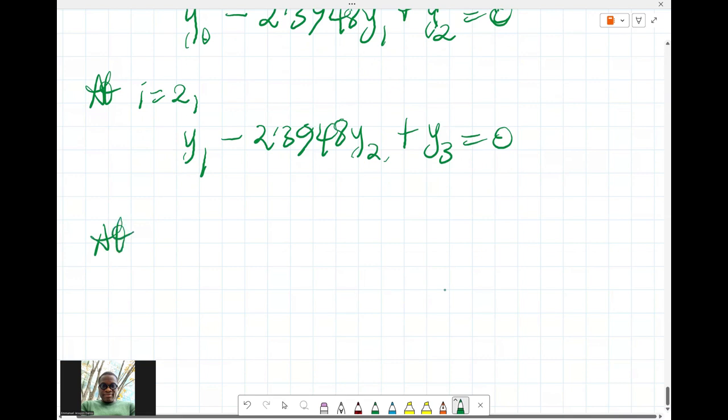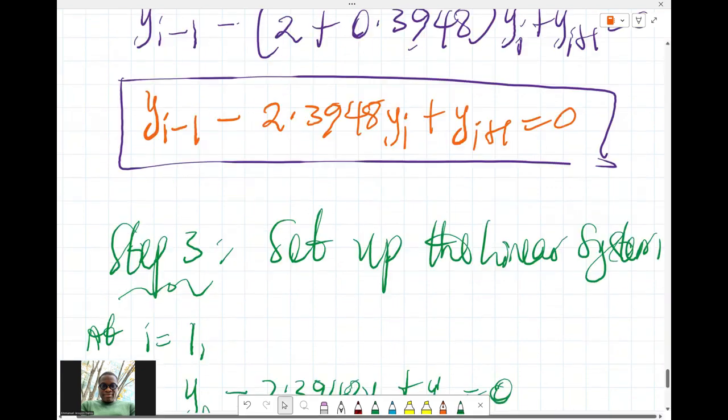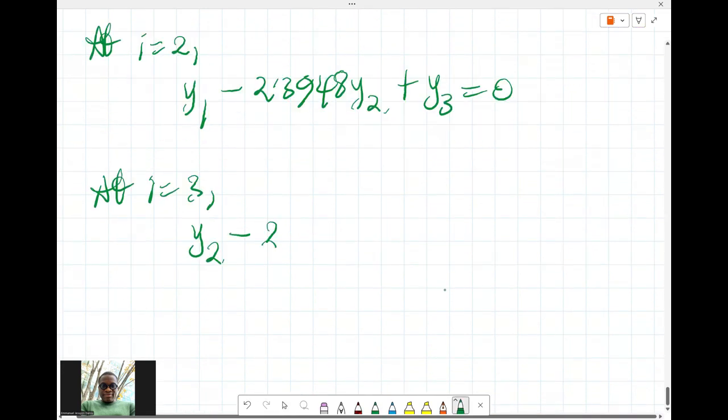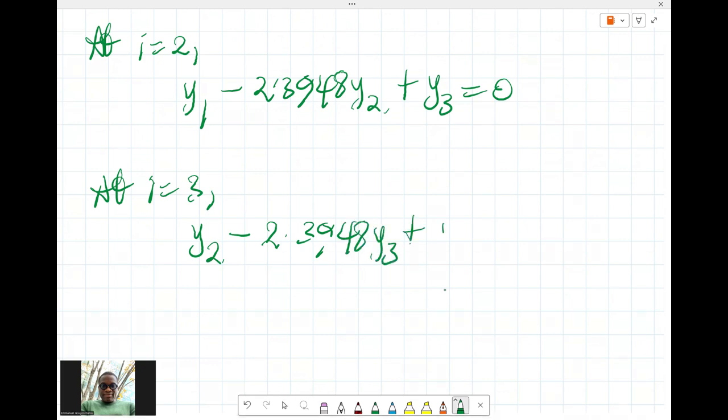So we say at I equals 3, okay? At I equals 3, we have y2, that's 3 minus 1 here, that's 2. So y2 minus 2.3948 y3 plus y4, and that is equal to 0.